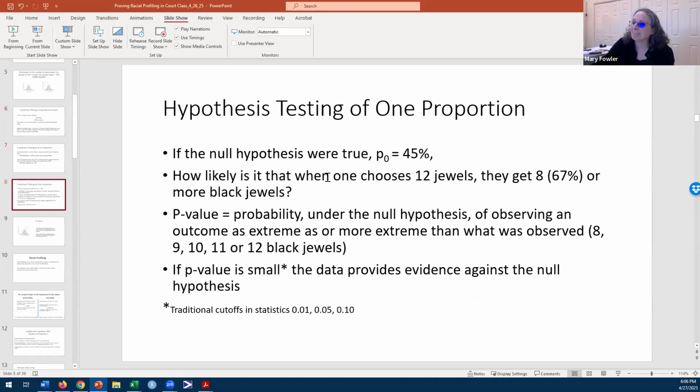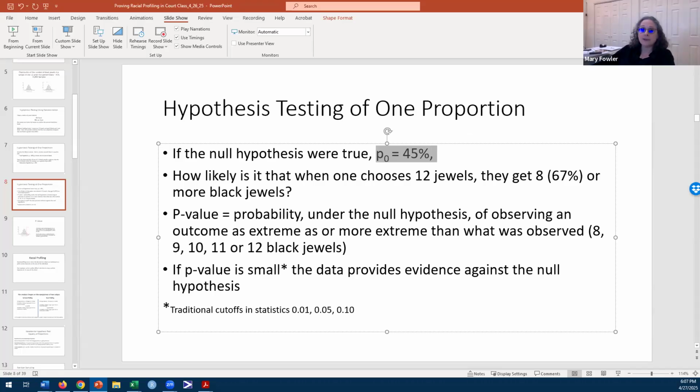If the null hypothesis were true, if p naught were in fact 45%, how likely is it that we would see 8 or more black jewels in a draw of 12? The p-value is the probability under the null hypothesis of observing an outcome as extreme as or more extreme than what we observed.